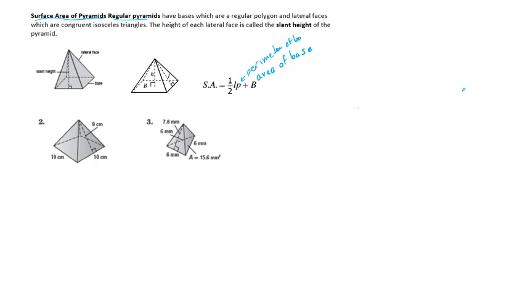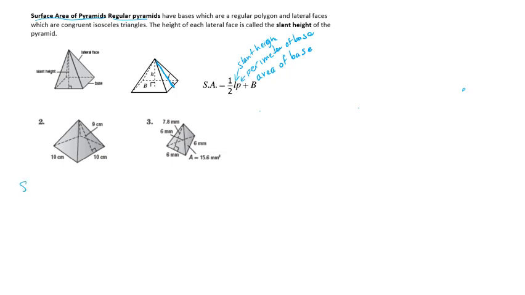Remember, for perimeter you add up all the sides. And this is called your slant height. The height of your pyramid is just how tall it is, from the bottom to the top. The distance here on the side of your pyramid is called your slant height.